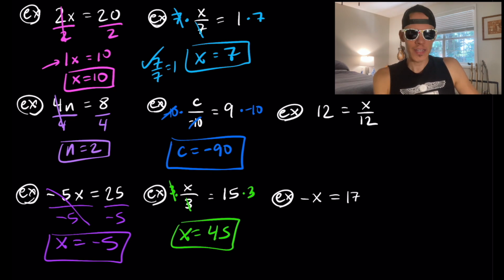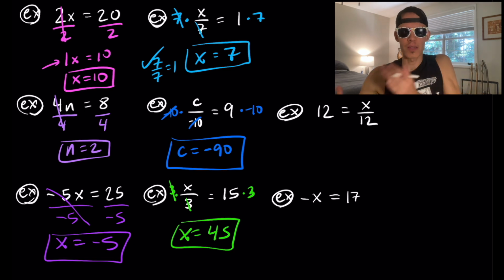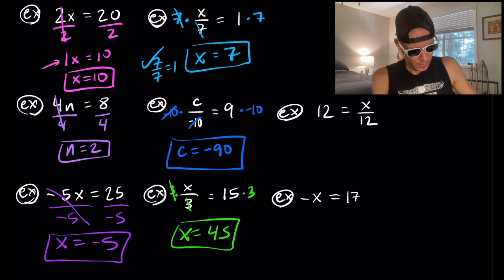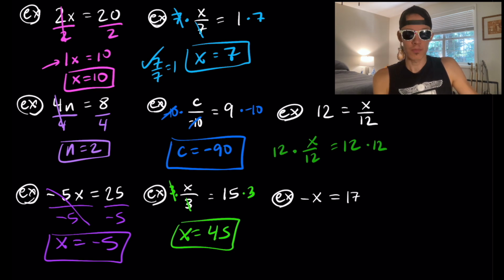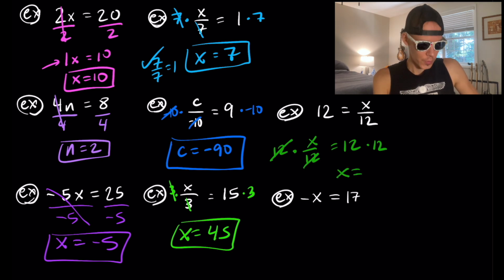So again, I like to put the variable term on the left side, so I'm just going to swap these around and make it x over 12 is equal to 12. And then all I want to do is multiply both sides by 12 to undo the division by 12. Those will cancel. I'll get x is equal to 12 times 12, which is 144.